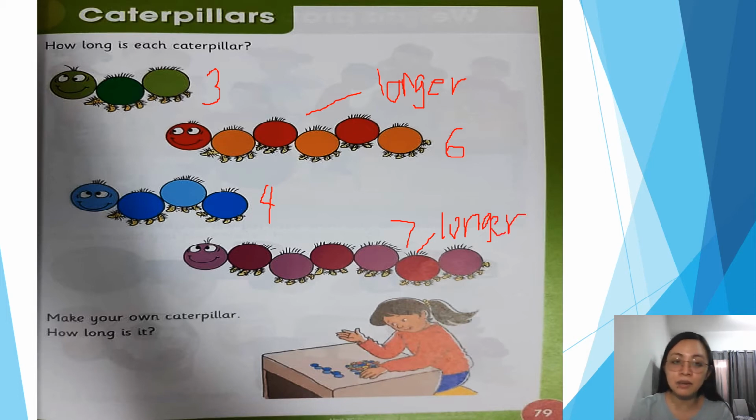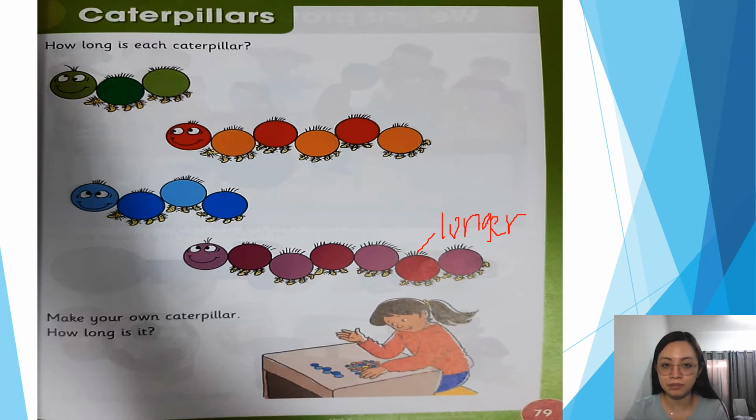Now let's compare the 4 caterpillars. Let me just erase some of my notes. So this is 3, 6, 4, and 7. Let me just write it again: 3, 6, 4, and then 7. Which is the shortest among the caterpillars?